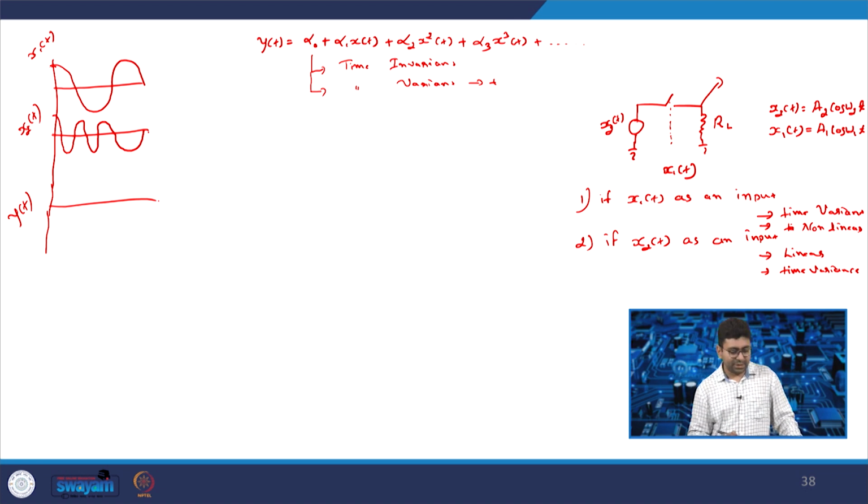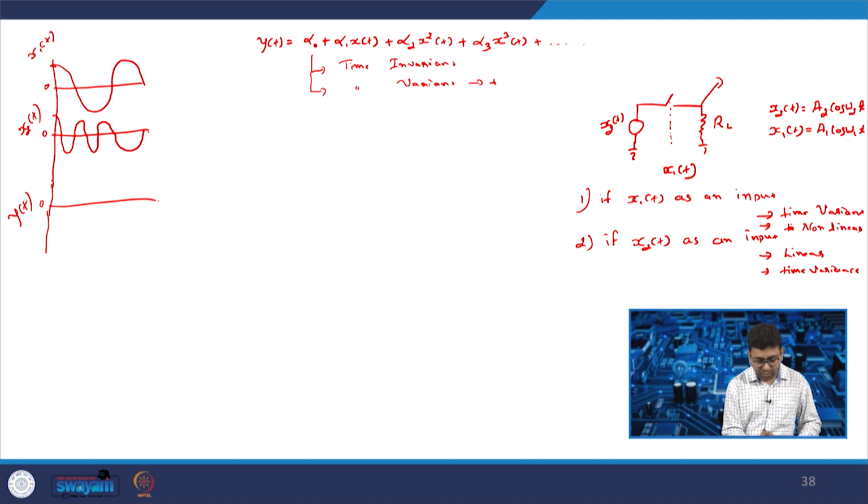Now here what is happening is that when this switch is on, meaning when it is more than 0, then your x2 will be at the output. It will be roughly the same. I will try to redraw.